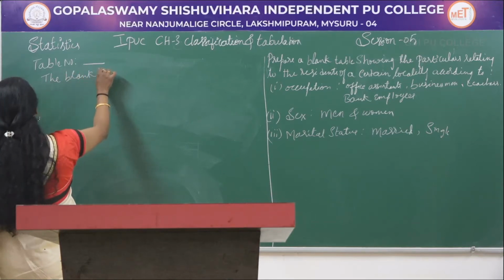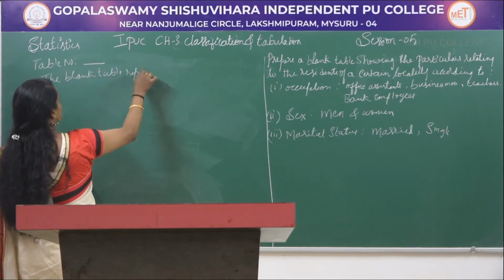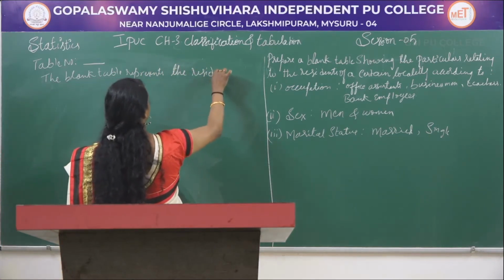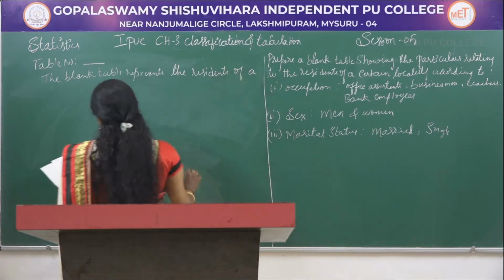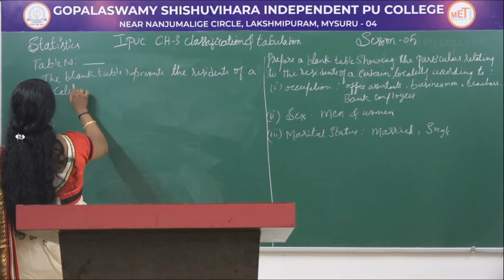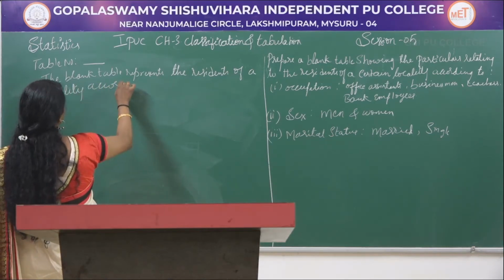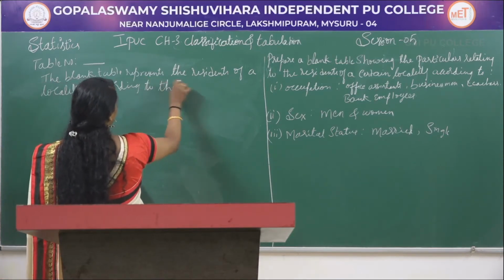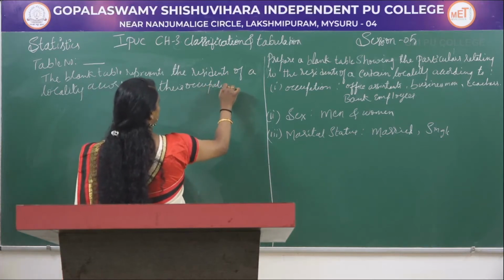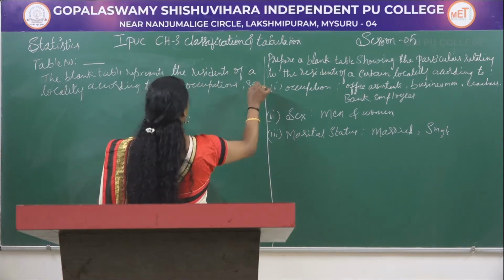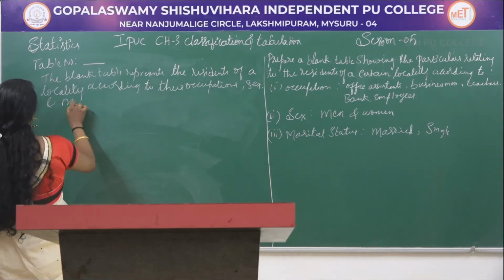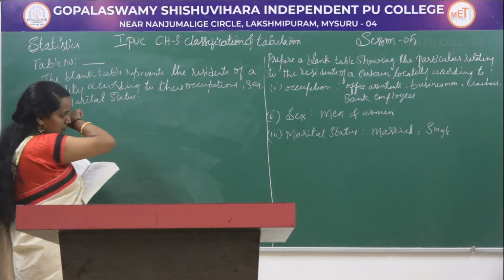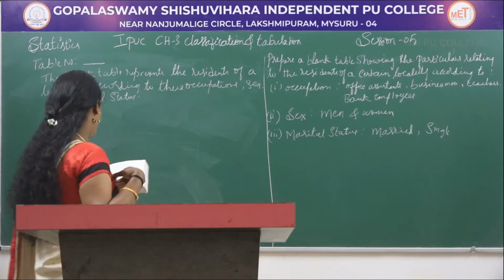The blank table represents the residents of a locality according to their occupations, sex and marital status. Okay. So this is the title of the table.